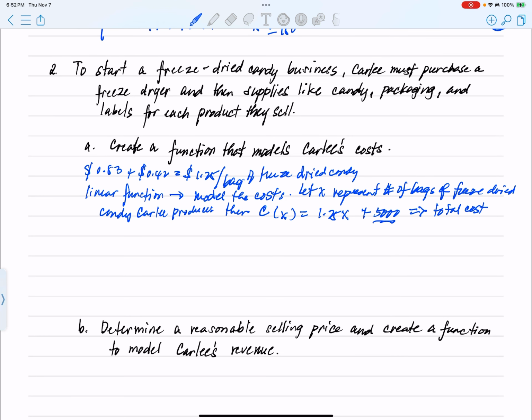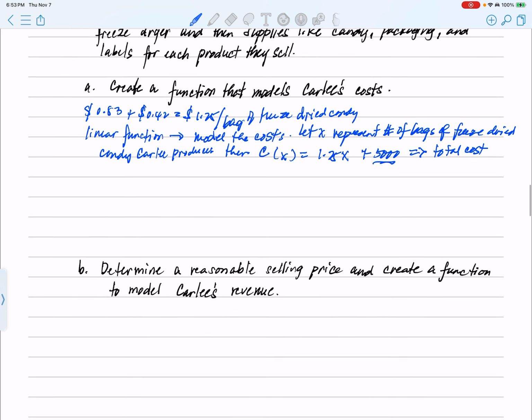So some assumptions: we could consider Carly's costs are $1.25, but she planned $1.50 to account for any unexpected changes. So let's find out which one is more accurate for the assumptions, and determine if there is a reasonable price for that.